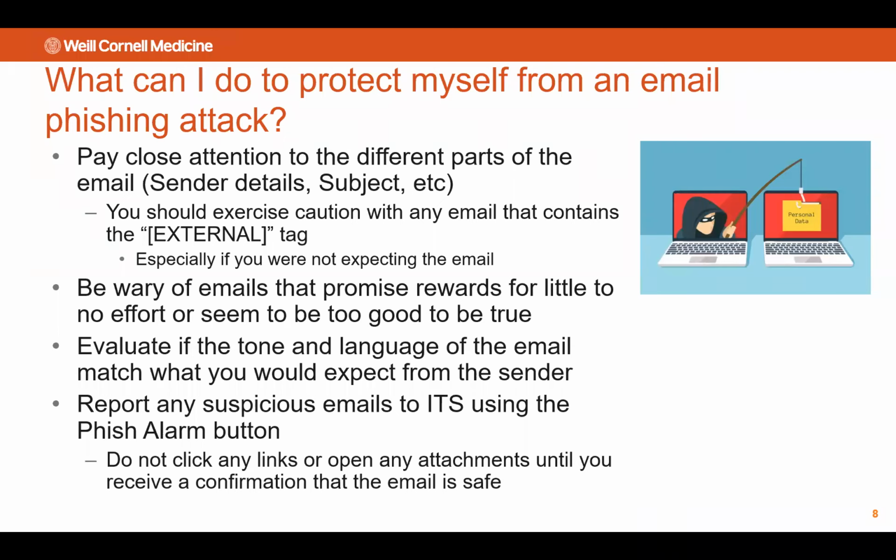Anyone at Weill Cornell or our partner affiliates is not tagged with the external tag. So NYP, Columbia, MSKCC, HSS, and Rockefeller are not tagged. So if someone's sending you an email saying they're a Weill Cornell or NYP employee and it's coming out as external, then you already know that this may be an indication it's a phishing email.